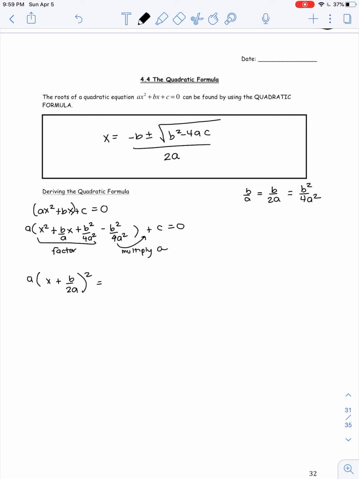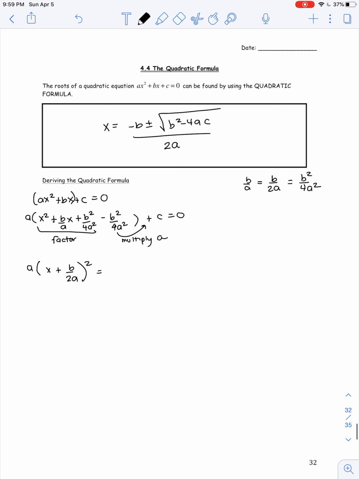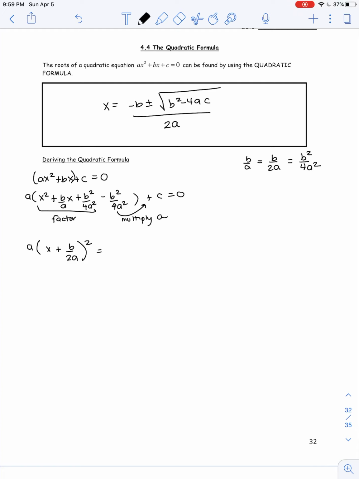And when we divide out the number of a, we're going to get minus b squared over 4a cubed plus c equals 0.